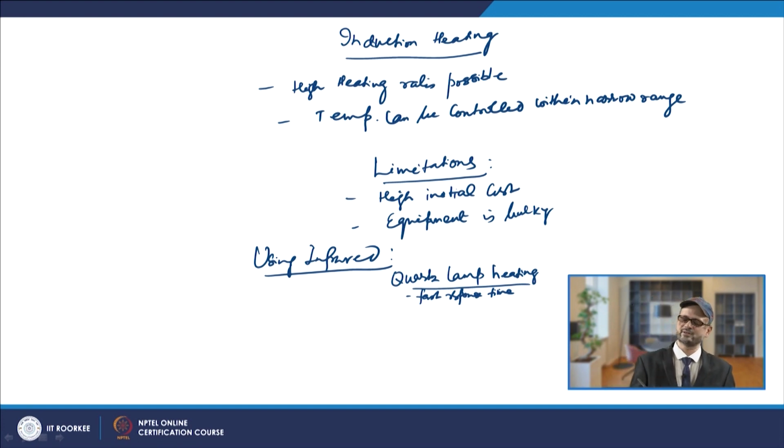That is the advantage of quartz lamp heating, but the disadvantage again is the high initial equipment cost, and the quartz lamps are very fragile and very sensitive to contamination.